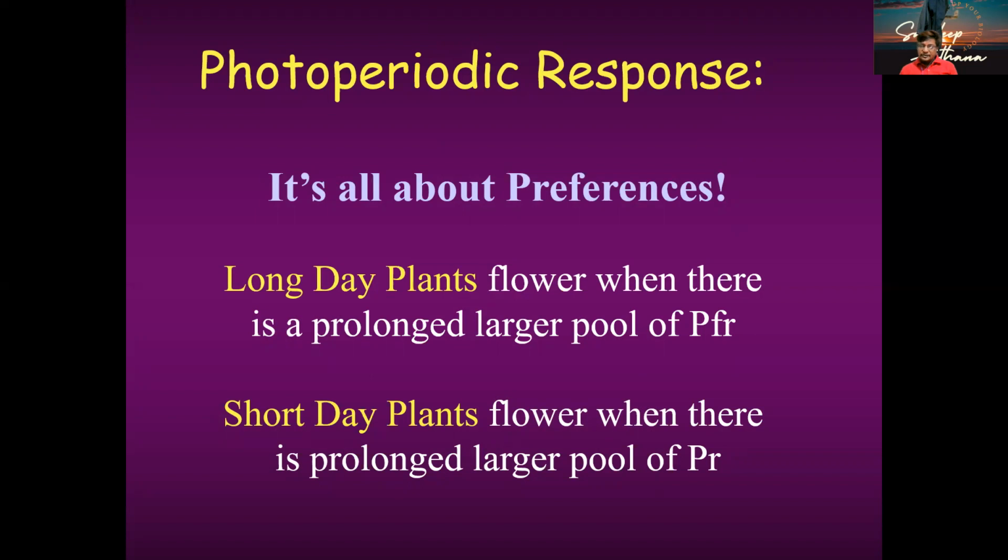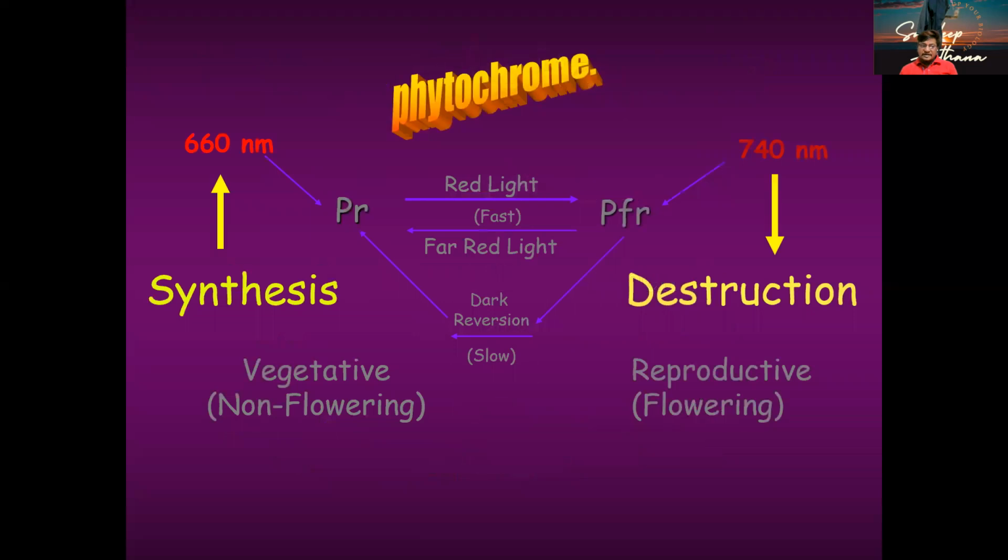It is very clear to you, like if the light is more, it's going to be PFR. If the light is lesser, it's going to be PR, which is going to exist there. Look at over here. This is the range, 660 nanometer, and the red light is given, PR is getting converted to the PFR. So this is the synthesis which is going to happen, and this is the destruction.